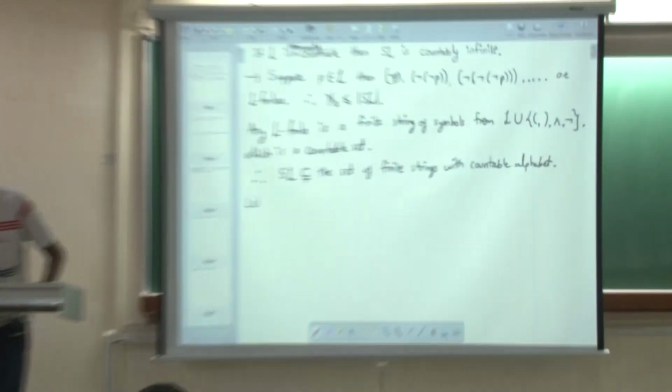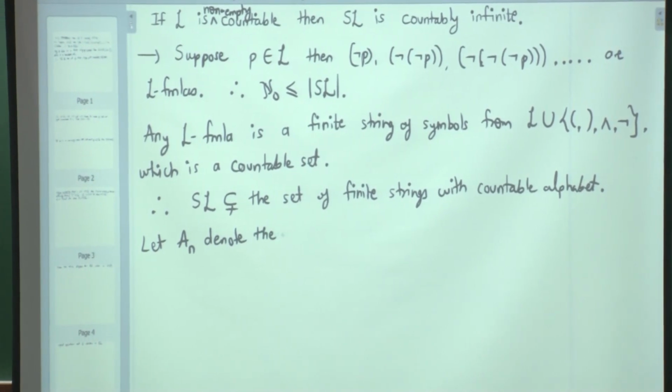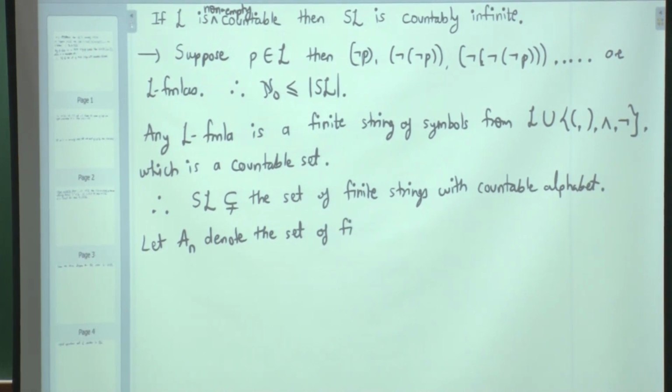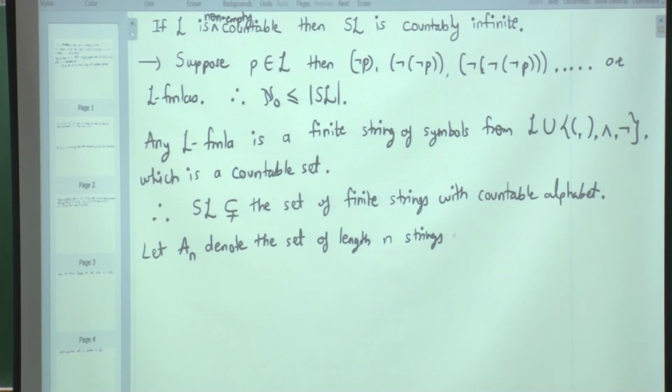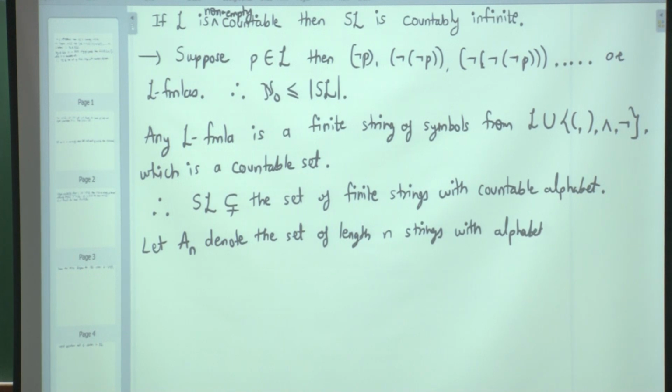So let An denote the set of length n strings with alphabet L union the other symbols. Okay, this one you know. So what can you say about the cardinality of An?